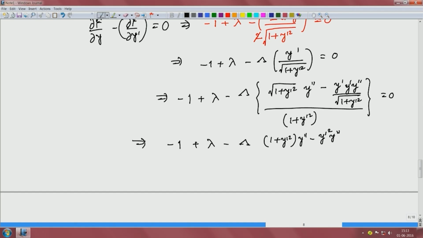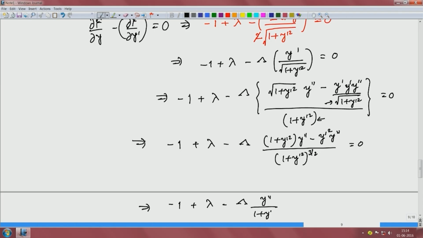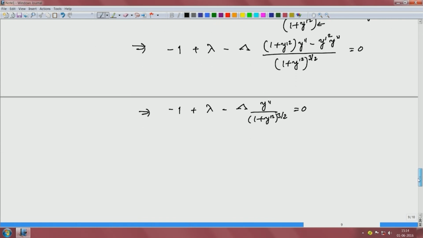And in this we will get 1 plus y prime square raised to 3 by 2, because we already have this, and then this is coming together, that is equal to 0. So, if I do this further, minus 1 plus lambda minus capital lambda, here y prime y double prime will get cancelled. So, what I will be left with will be y double prime divided by 1 plus y prime square 3 by 2 equal to 0. That is what we get.